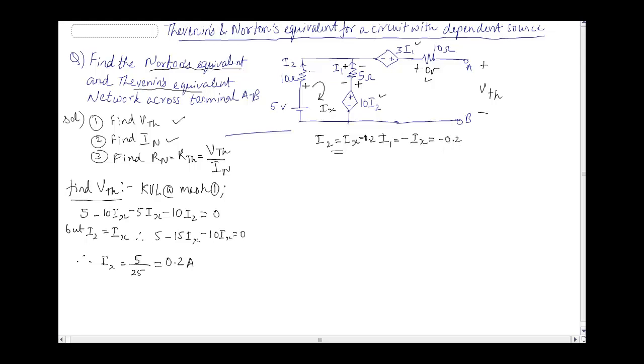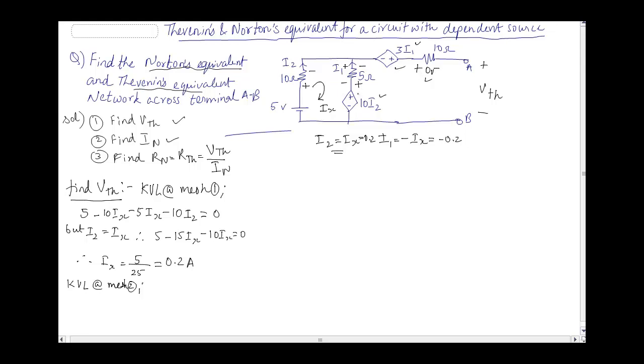So now KVL at mesh 2. So KVL at mesh 2, let me write from here. The current that is flowing is, I can write Ix or even I1, it does not matter. This is 5 I1, this is plus minus, this is 0, this is 3 I1.